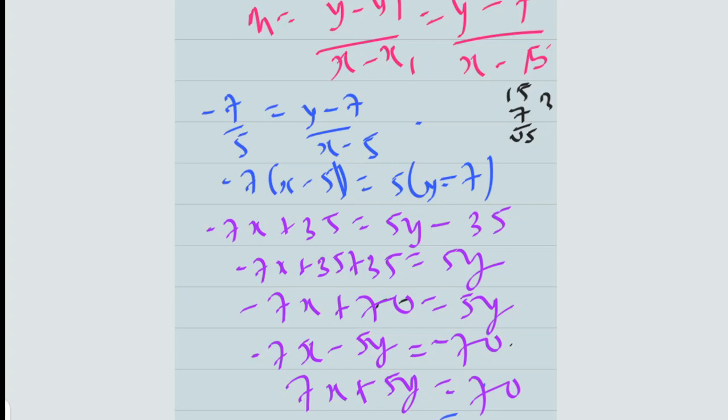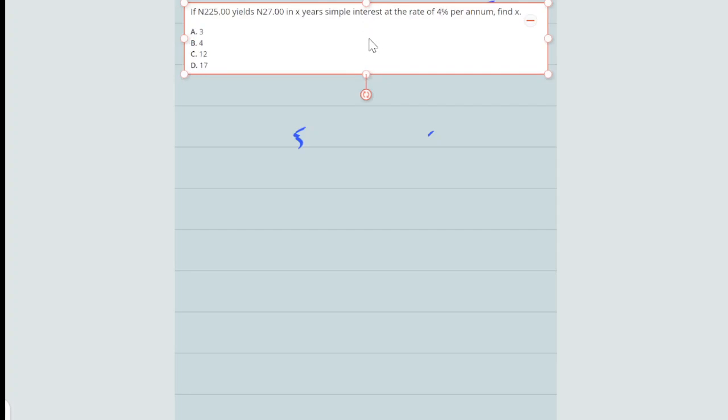Okay, now the next one is on simple interest. I think simple interest also comes up here. So simple interest. So if 225 naira yields 27 naira in X years, don't forget your simple interest is what?